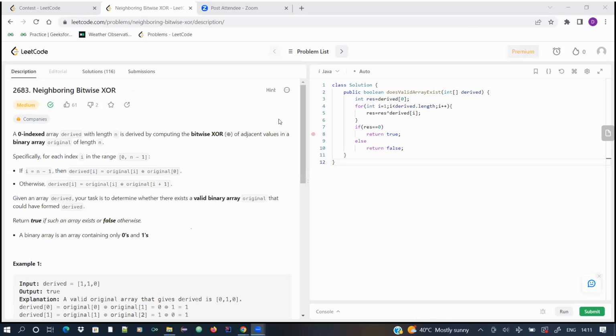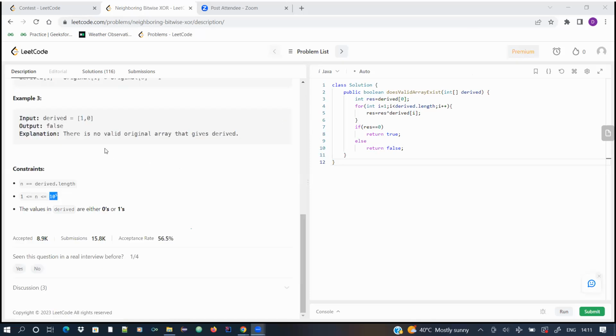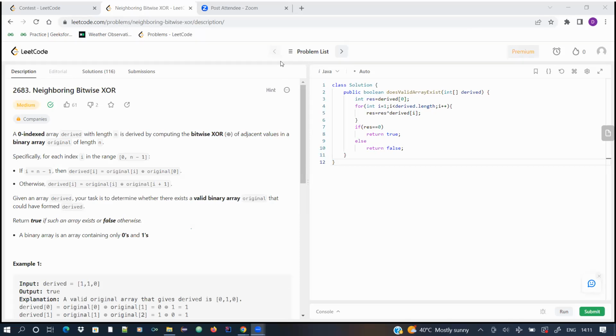If you see what is given in the input, you will find that there are two things mentioned. Two main takeaways are that for derived of n minus 1 we need to find, we will get original of n minus 1 XOR original of 0.